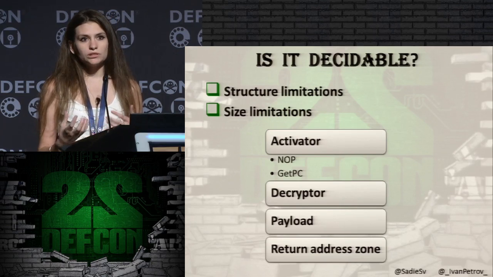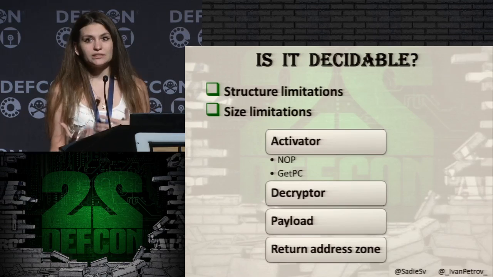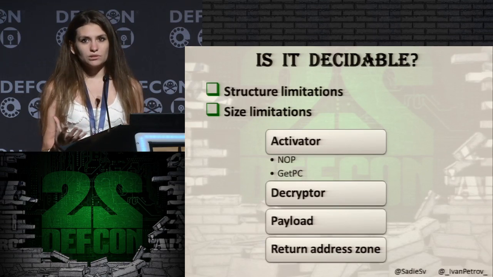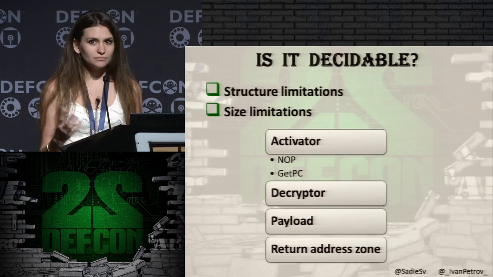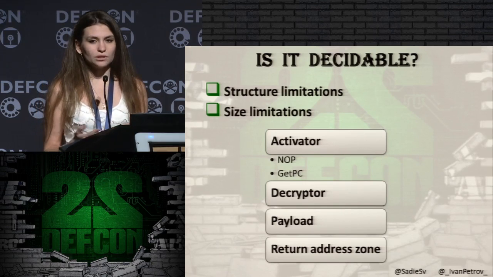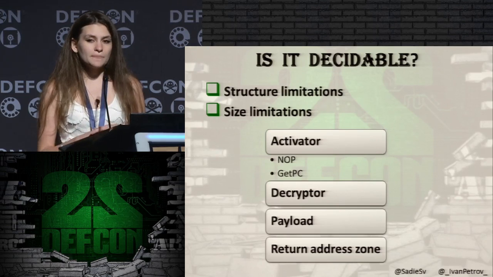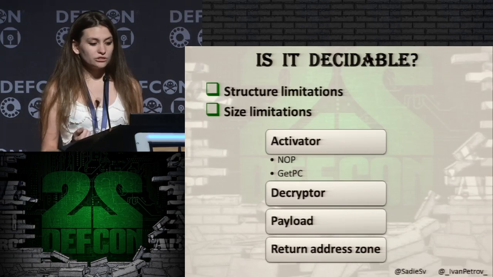As we want to evade detectors like signature-based detectors, even behavior-based detectors, we want to obfuscate our code somehow, so that's why we typically have decryptors there. Then the payload and the return address zone.